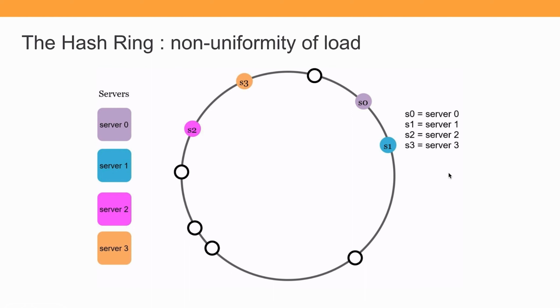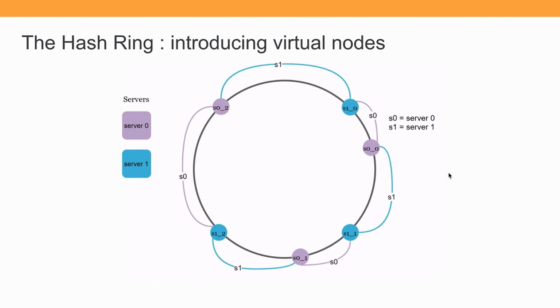So to solve this problem, we can introduce virtual nodes. Virtual nodes are just references to the actual servers. Let's say we had two servers, server 0 and server 1, but we have created virtual nodes for these servers and we have randomly put them on the hash ring. Now by introducing virtual nodes, the traffic will go to each and every server equally.